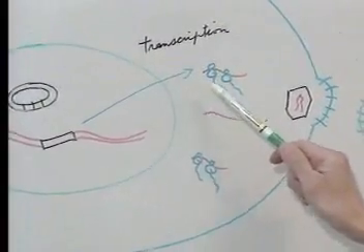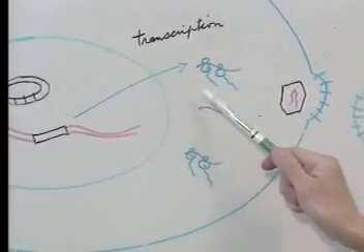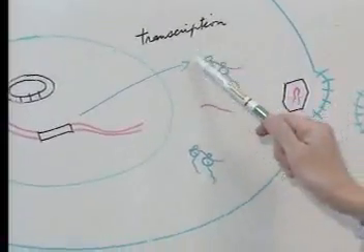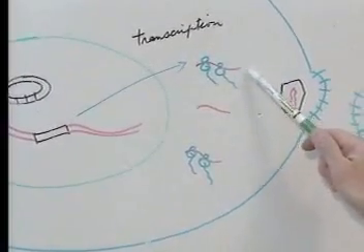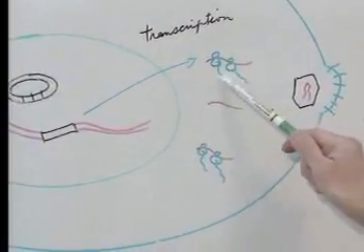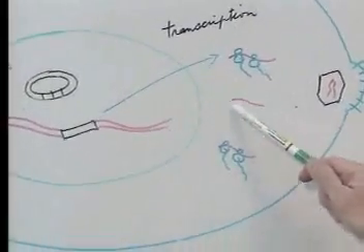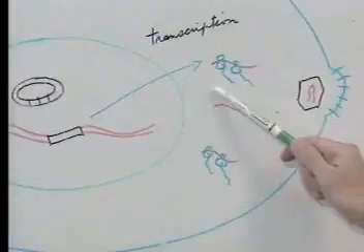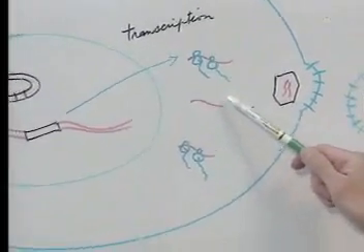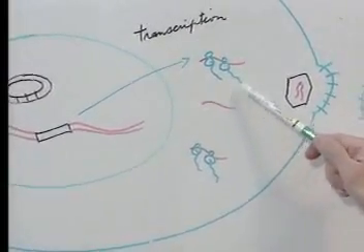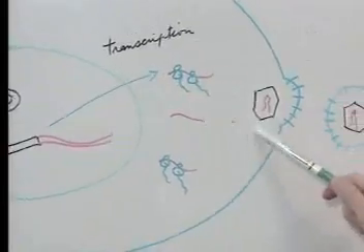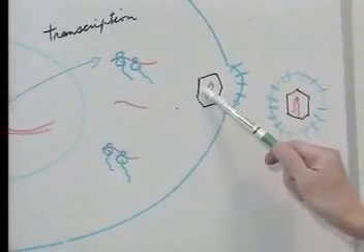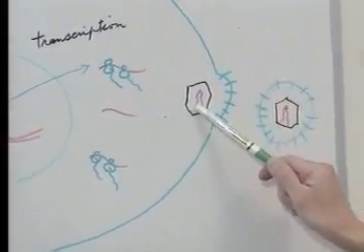And there's only one kind of RNA, but they serve two functions. They can serve as messenger RNA, in which case proteins would be made, or they can serve as genomic RNA. Now, the genomic RNA is then encapsulated by these proteins, giving rise to a capsid structure containing the genomic RNA.